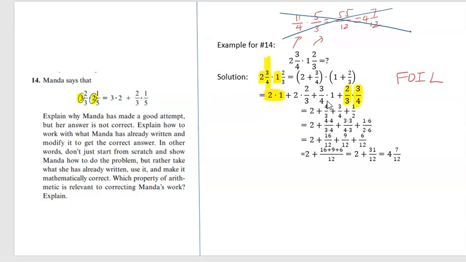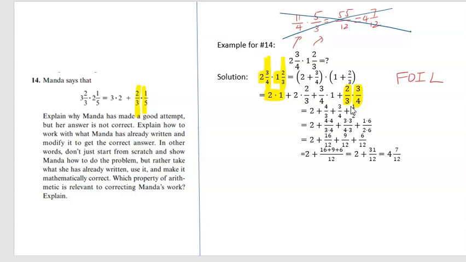She also has that, but she's missing two parts: the first whole number times the second fraction, and the second whole number times the first fraction, because of the distributive property. She's missing those two in the middle. So we cannot just multiply the whole number parts and the fractional parts. We have to use the distributive property.